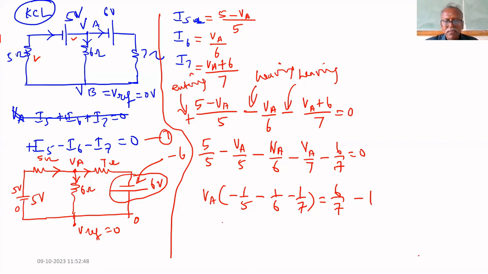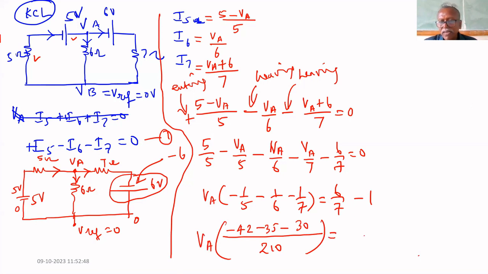Or you can write 210 over 42, minus 35, minus 30, VA equal to 7 minus 6 minus 1 by 7.